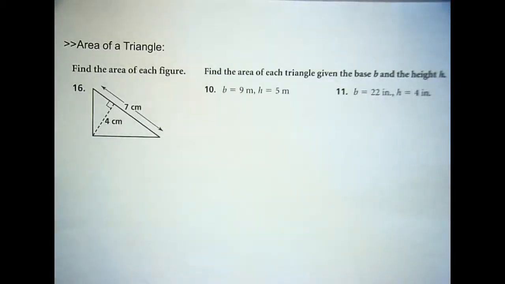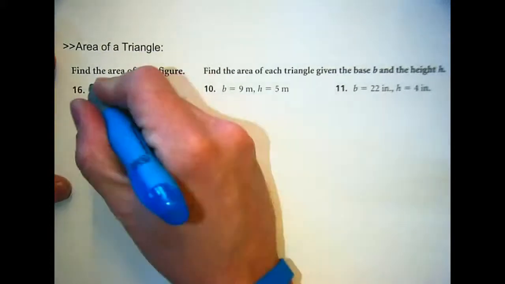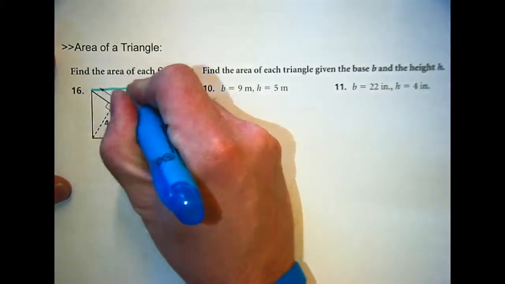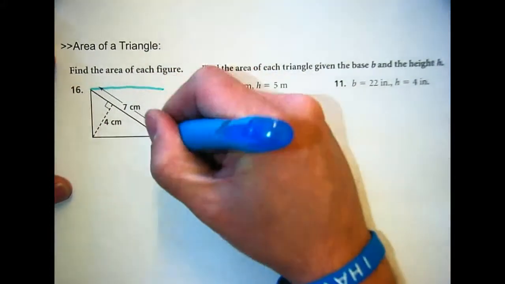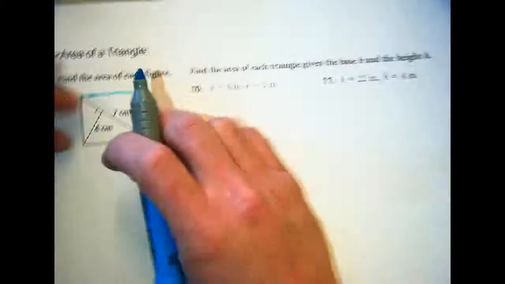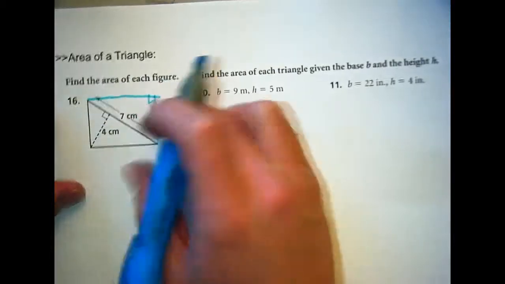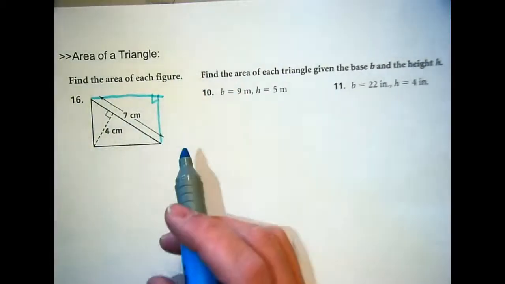In fact, if I were to look at this figure right here, any triangle, if you duplicate that triangle, like if you do some rotation or some slides or reflection, it depends. But in this case, if I move this triangle so that I lie it right next to itself, I end up making a parallelogram.